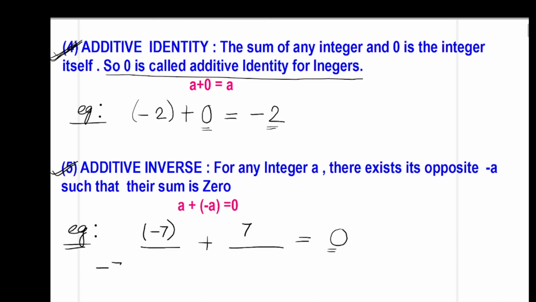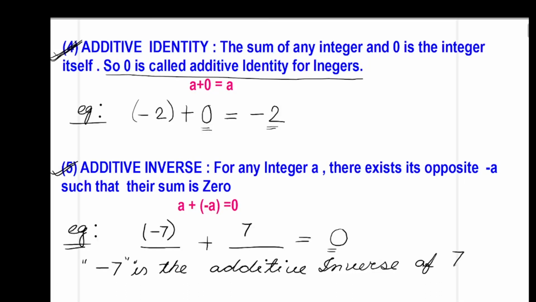So minus 7 is the additive inverse of 7. Similarly, 7 is the additive inverse of minus 7. That means to write the additive inverse, you just have to change the sign. Okay, then you will get the additive inverse.